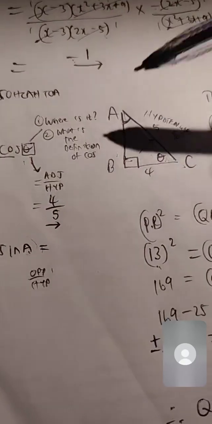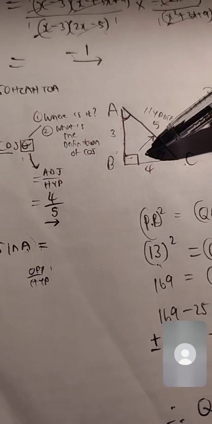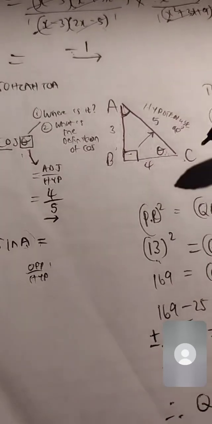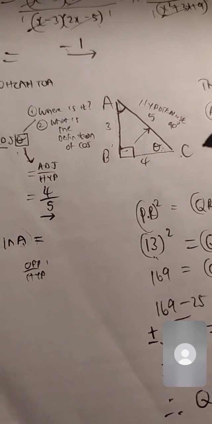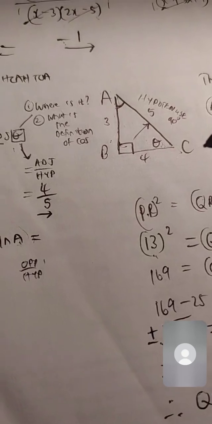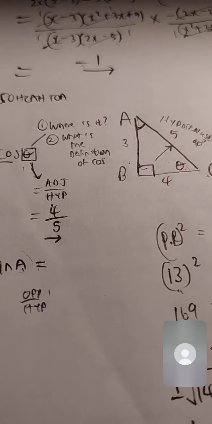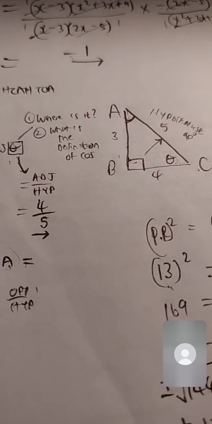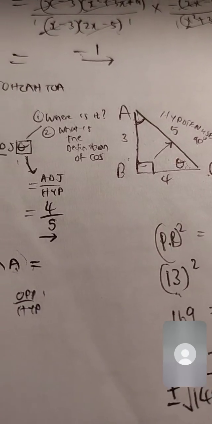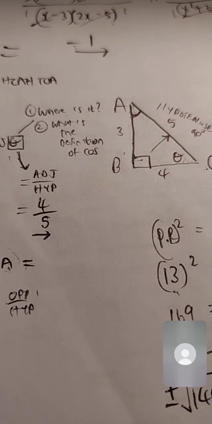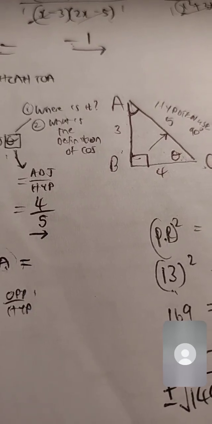The side opposite to angle A. Icala eli opposite to angle A. What side is opposite angle A? It is BC, right? So BC ngubani?